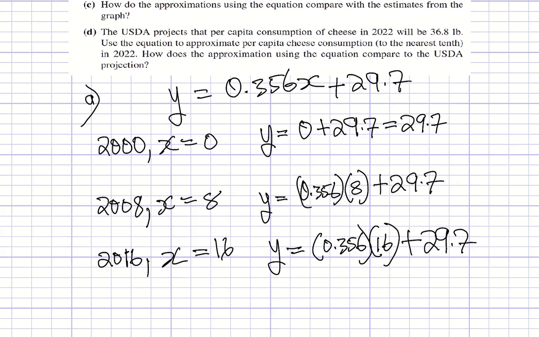So you multiply each of them out. For 0.356 times 8, and then you add the 29.7, it gives you 32.55, because it's one decimal place, so if we approximate it, it will be 32.6.